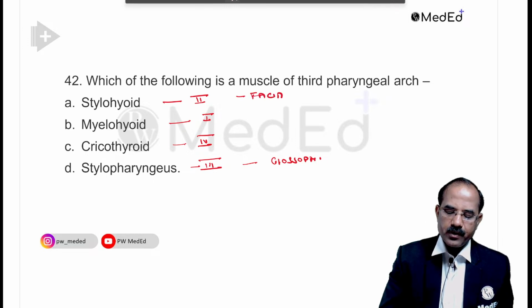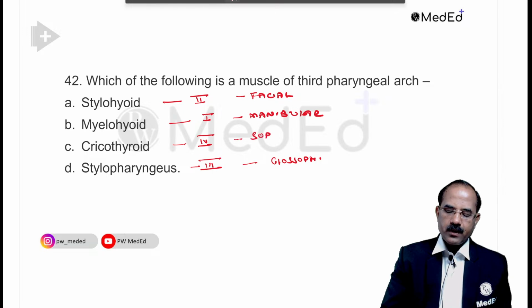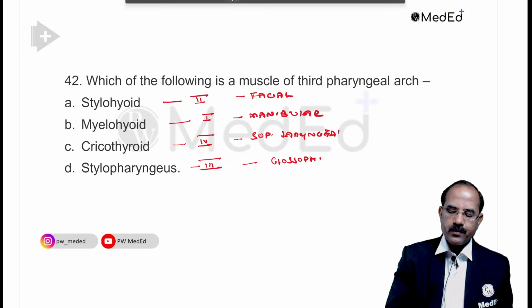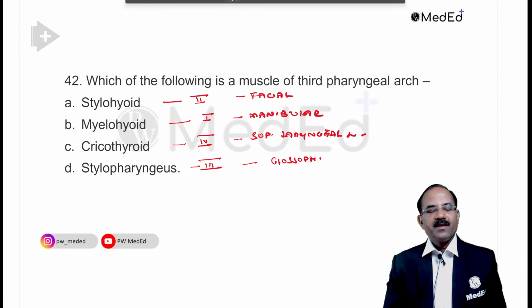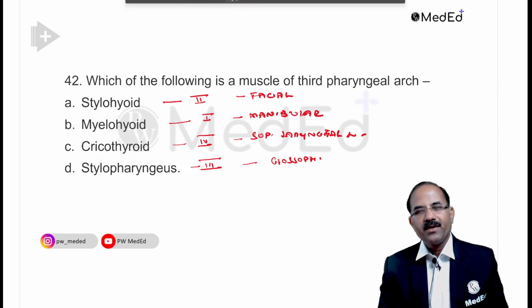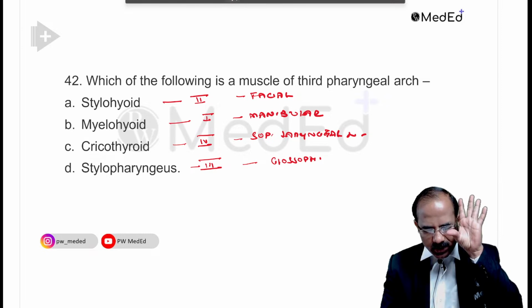Facial nerve. The first arch? Mandibular nerve. The fourth arch? Superior laryngeal nerve. The sixth arch? The recurrent laryngeal nerve. Dear students, just remember this, these MCQs are extremely important.